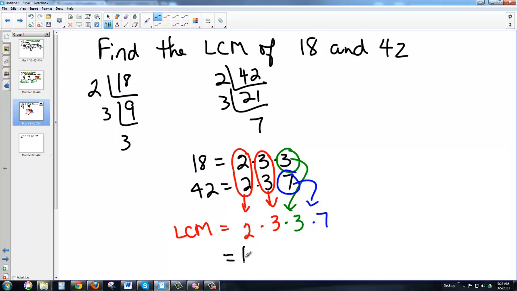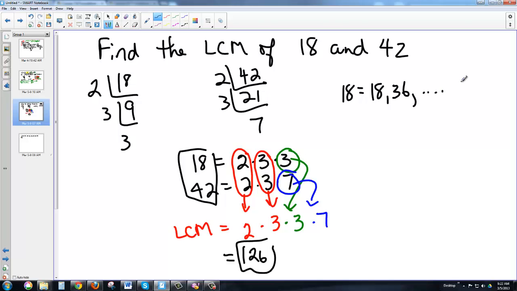If you multiply, you get 126. The least common multiple of those two numbers is 126. Again, if you think about it, if we wrote out the multiples, somewhere in this list is 126. Same thing with 42. And those shouldn't be equal signs because they're not equal. And in fact, 126 would be right there. That's the smallest number on both of those lists.